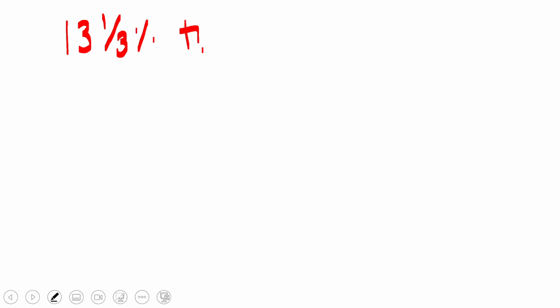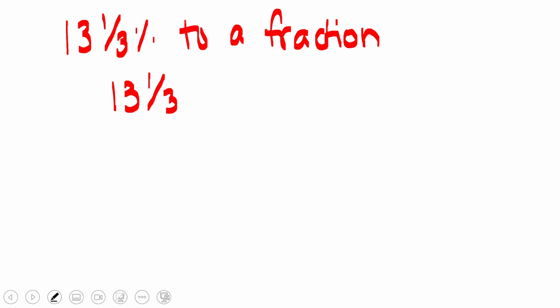What about an odd percentage to a fraction? Something like 13.33% to a fraction. Well, we put that over 100, and then we say, well, I can make an improper fraction out of the top: 3 times 13, 39 plus 1, 40 thirds.